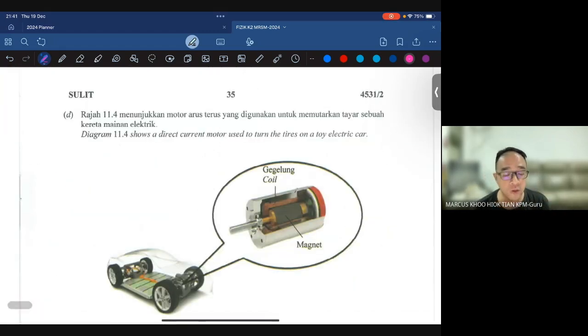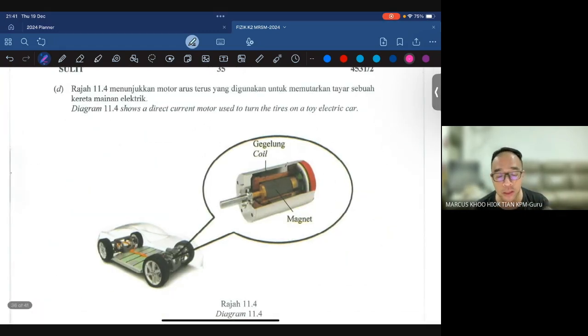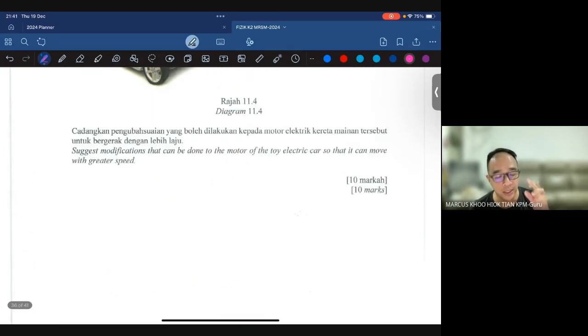Final question. Direct current motor used to turn the tires on a toy electric car. The question is, suggest modifications that can be done so that it can move with greater speed. There are two ways of looking at this. This is very mean because it gives you no clue how to start, or it can be very good because you are totally free to talk about what you want.